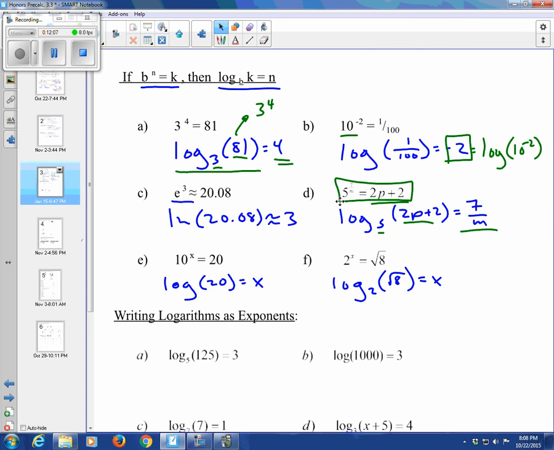Right here, we've got 10 to the x equals 20, and we would rewrite this as the common log of 20 equals x. Now, this is an interesting situation. If we have a variable in the exponent, we can solve for that variable by changing it to a logarithm, especially if our base is 10 or e. And we can use change of base, which we'll talk about later, to evaluate logarithms as well.